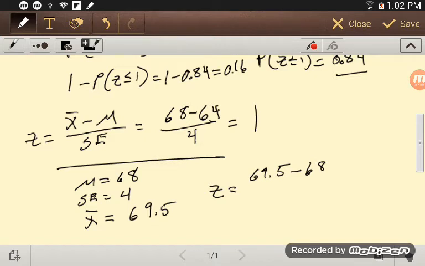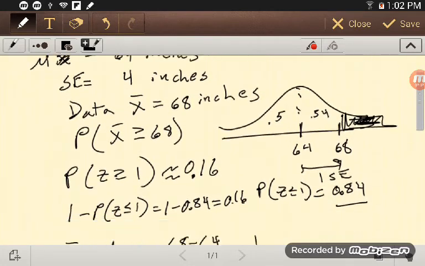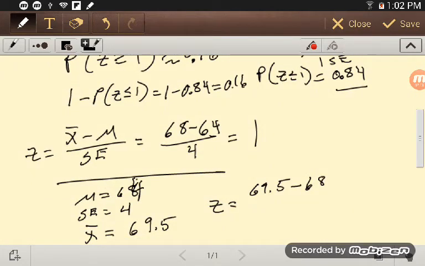Oops, not 68. Wait a minute. Mean was 64. Try that again. Mean was 64. 64 over 4. And so this is 5.5 divided by 4. And that is whatever that is.